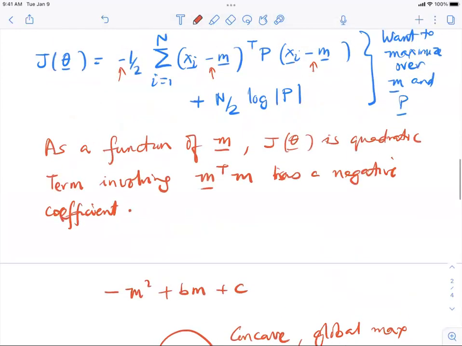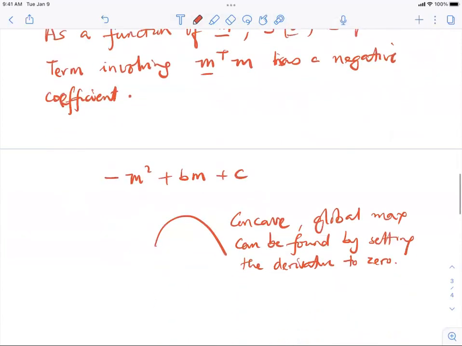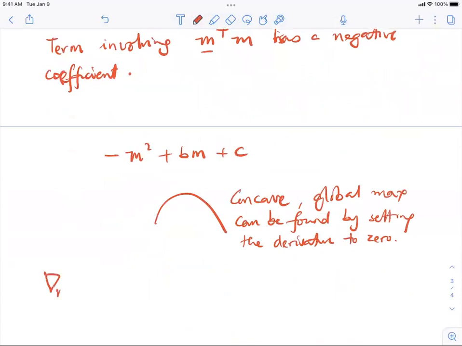So in the case of vector m, all I need to do is set the gradient to 0. It's a quadratic in m which is concave, and I'm going to just compute the gradient with respect to m of J of theta and set it equal to 0 at m equals m hat maximum likelihood, right?